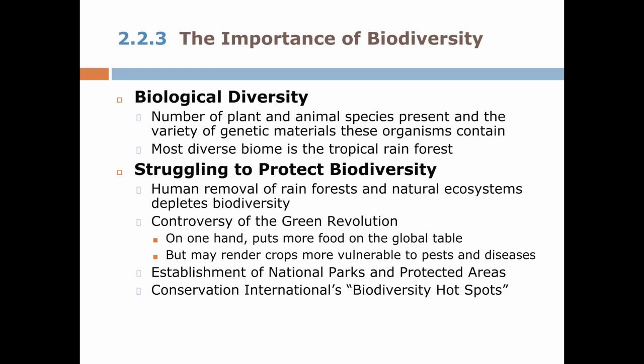Ways to combat these issues with biodiversity is the establishment of national parks and protected areas. Examples in America being like Yellowstone or the Grand Canyon. Wild bison really only exist in national parks nowadays, in part to protect the biodiversity of those areas.